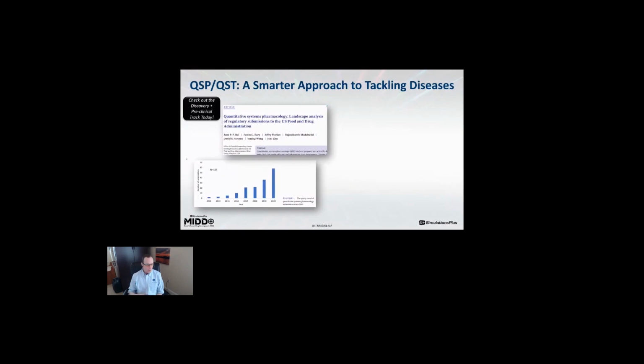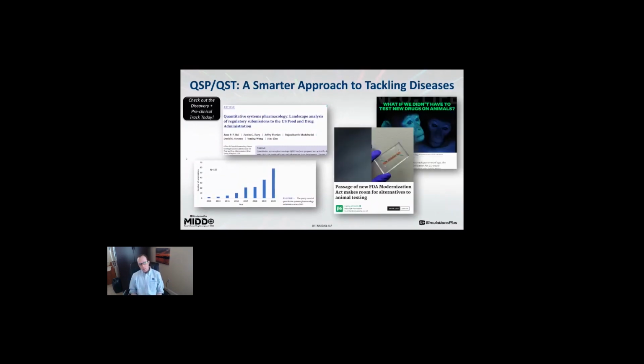So that's exciting. And then just this year, we've seen the passage of the new FDA Modernization Act. And what this really does is allow for the pathway for the toxicity and potentially other testing within drug development using non-animal methods, including organ on a chip type systems.